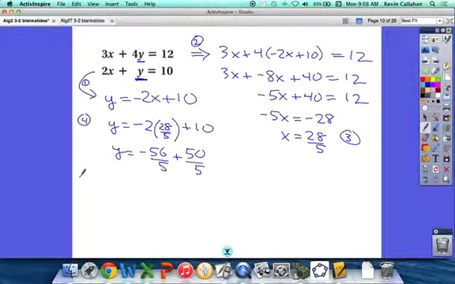Because we got to add fractions here. This thing has got a denominator of 5, so I'm going to make 10 into a fraction, 50 over 5. So y equals negative 6 fifths. So the point where these two graphs would cross would be 28 fifths, negative 6 fifths.